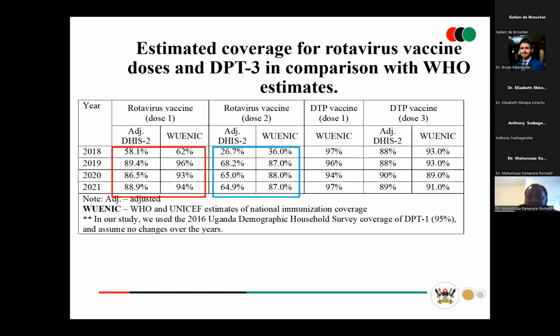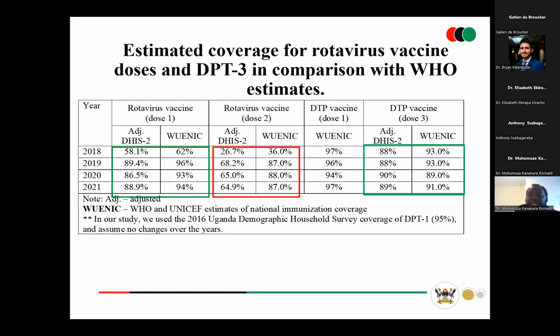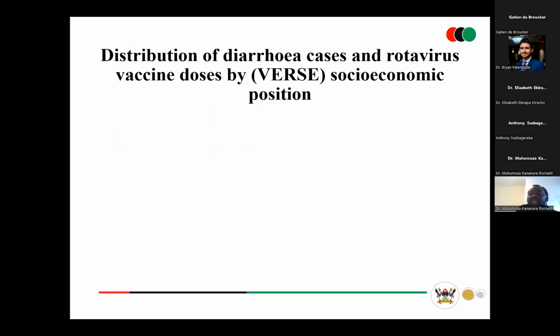And then in terms of DPT3, our estimates are really close to the UN, showing some external consistency. So meaning that we can really use the data to measure the immunization coverage.